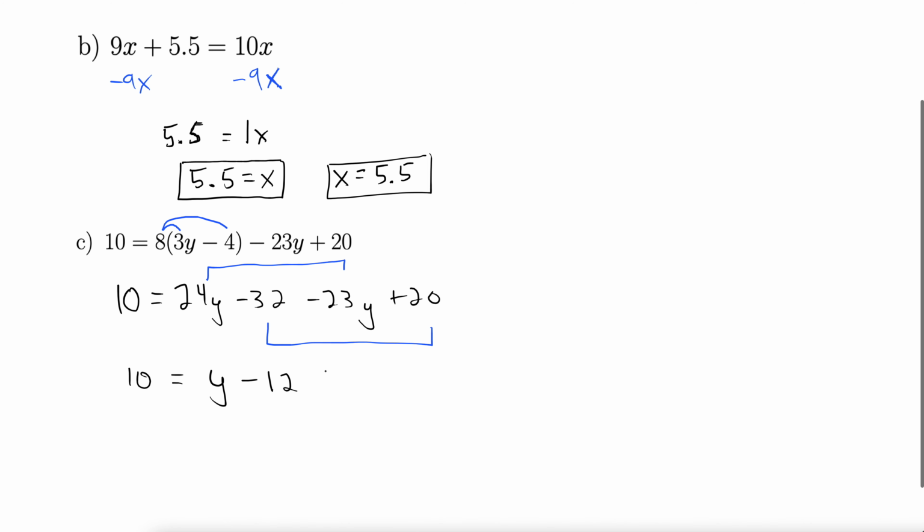So here we are, a much simpler equation. Let's add the 12 to both sides here. That gives us 10 plus 12 is 22 equals y. There we go. y equals 22.